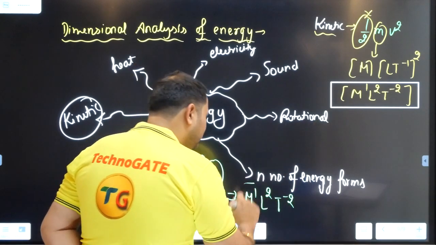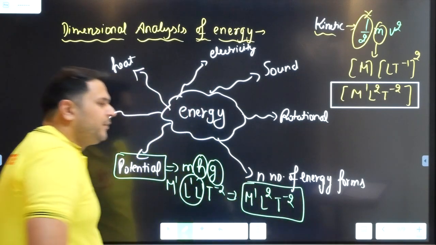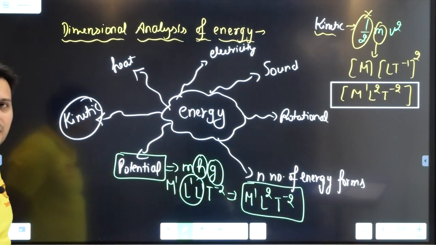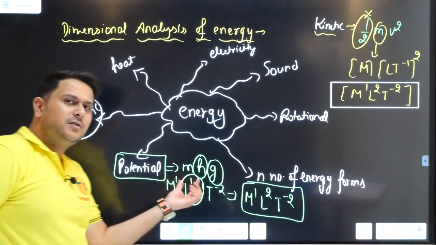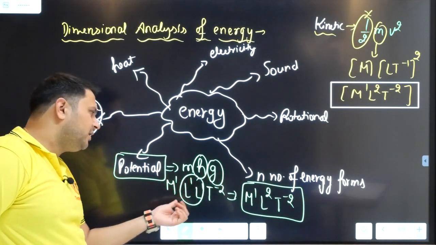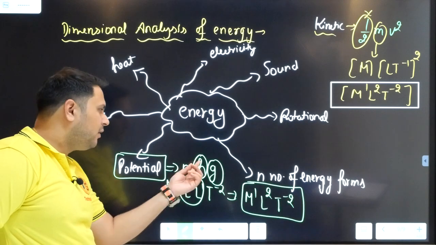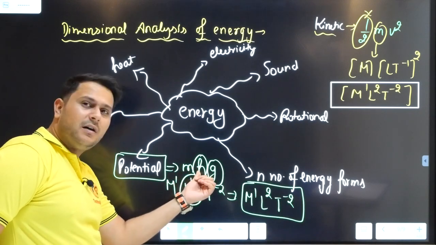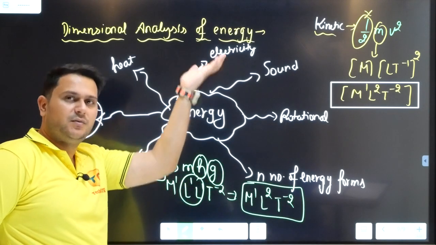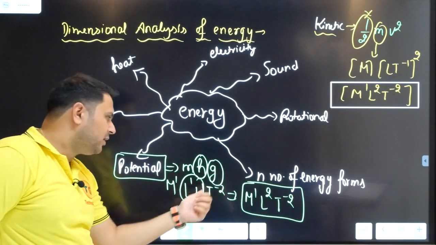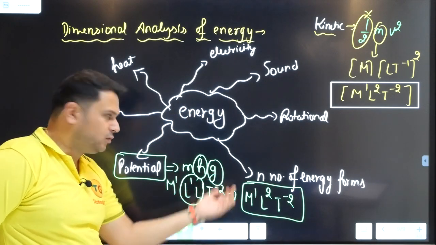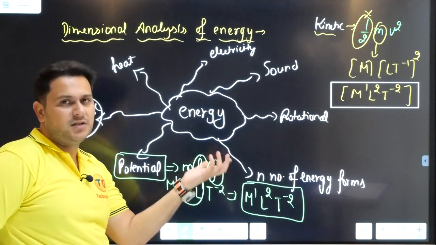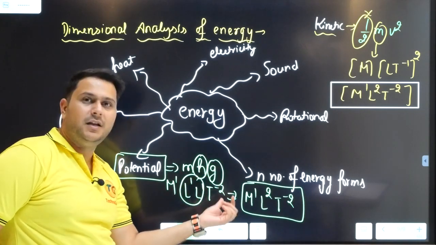Can you find the same thing with the kinetic energy also? Now potential energy is mgh, and mgh can be written as M1, L1 for height, at some height it is stored, and height is a distance. Acceleration is L1 T minus 2. G is acceleration due to gravity, this is L1 T minus 2.